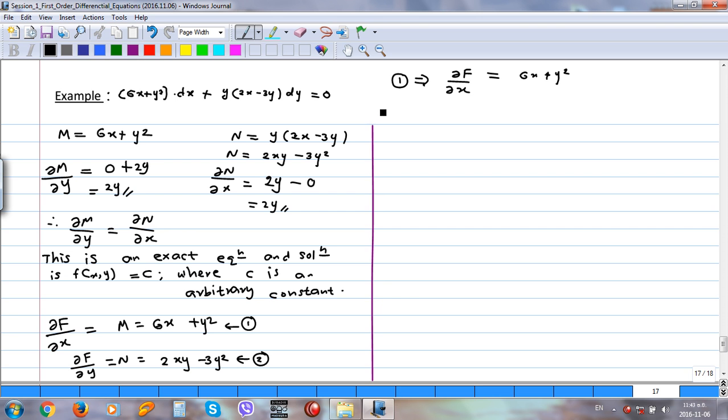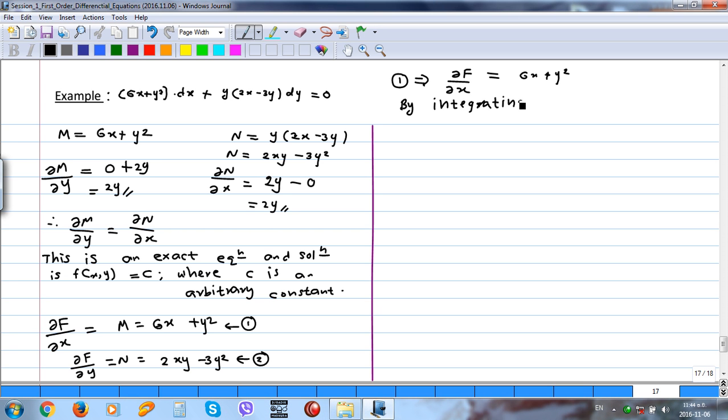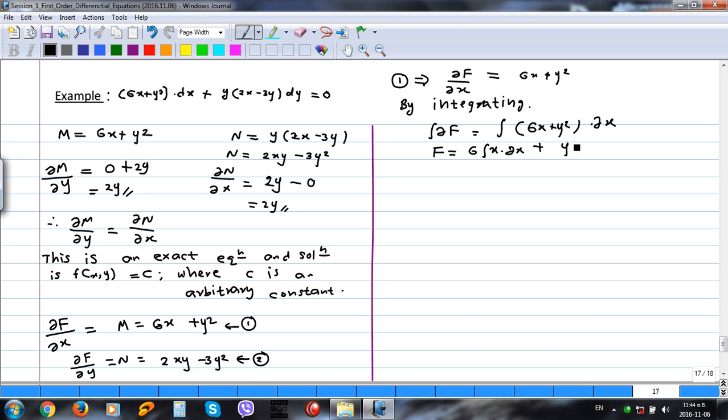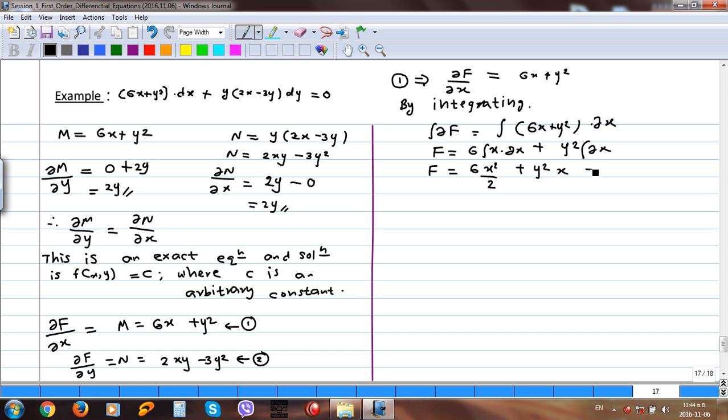I am integrating. By integrating, ∫∂f = ∫(6x + y²)∂x. So f = 6∫x dx + y²∫dx. So f = 6x²/2 + yx-squared term: f = 6x²/2 + xy² + constant.